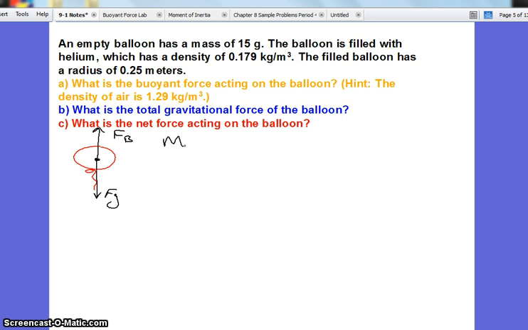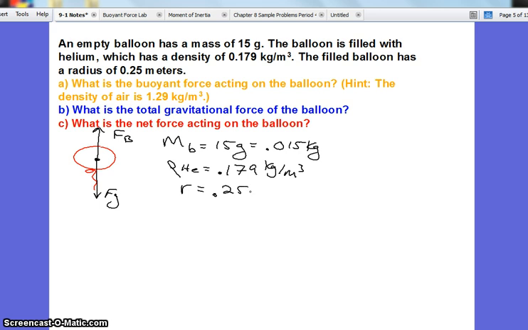We have the mass of the empty balloon, which is 15 grams. I'm going to make that conversion right now to kilograms, 0.015 kilograms. We have the density of helium, which is 0.179 kilograms per cubic meter. And we have the radius of the balloon, which is 0.25 meters.